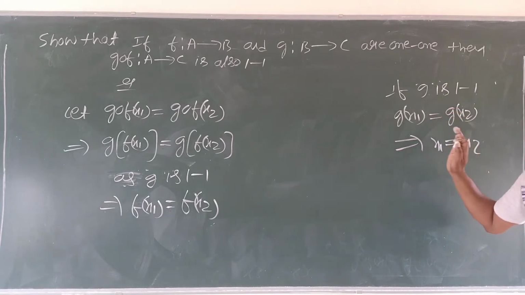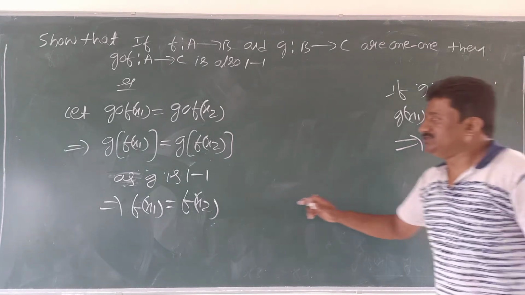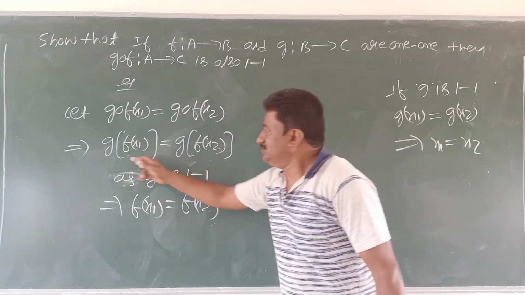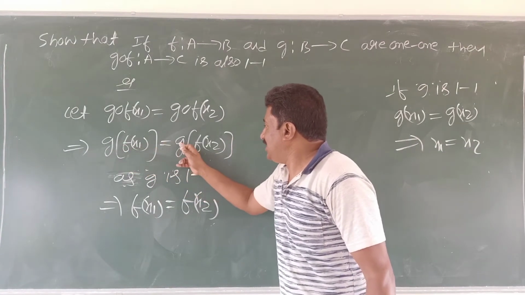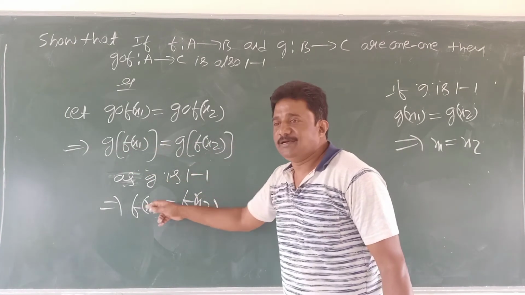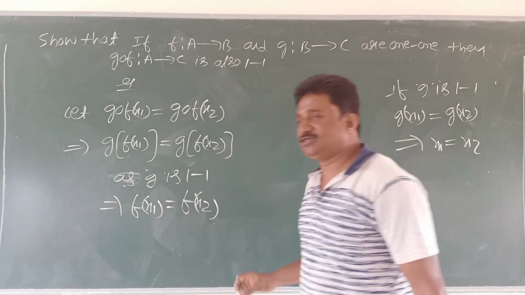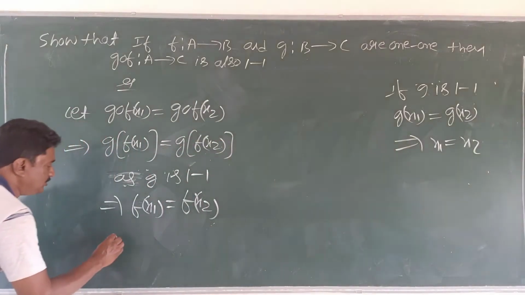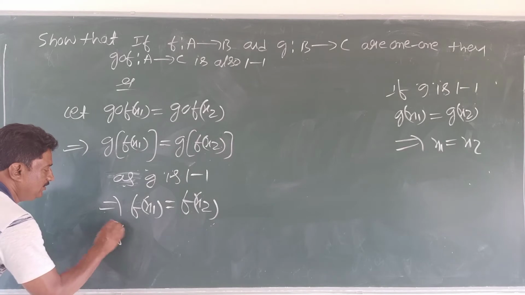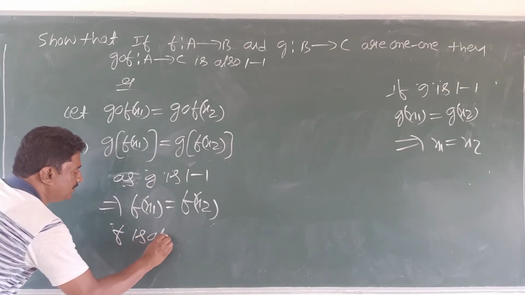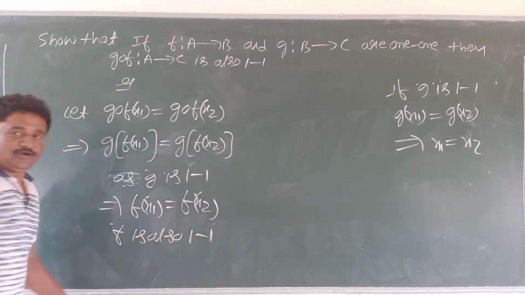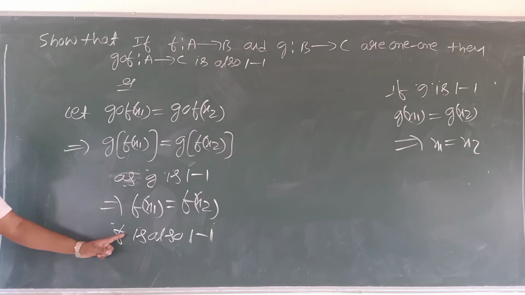Try to understand the logic. Since g is 1-1, g of f(x1) equals g of f(x2) can be written as f(x1) is equal to f(x2). f is also 1-1. Why is f 1-1?